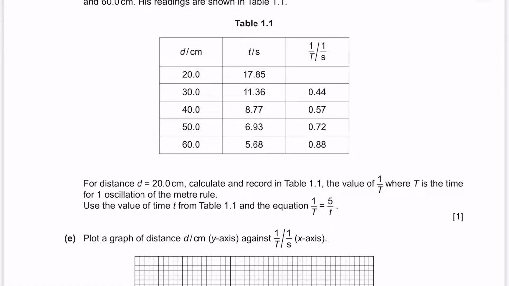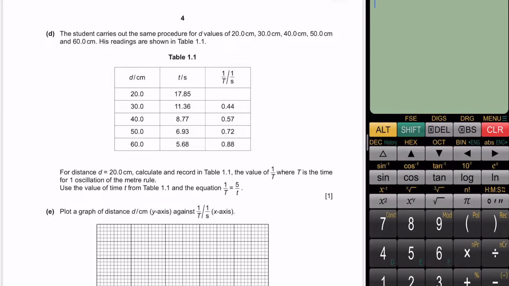Use the value of time t and calculate using the equation 1 over t is equal to 5 over t. So we have 17.85, 5 over 17.85. This will give me 0.28. Remember, if all of the values are two decimal places, we'll keep it to two decimal places.